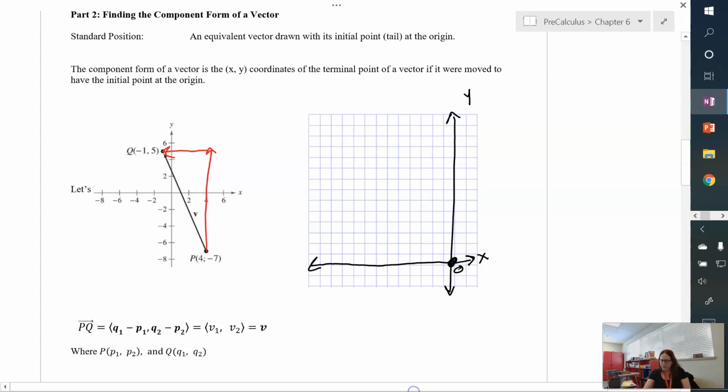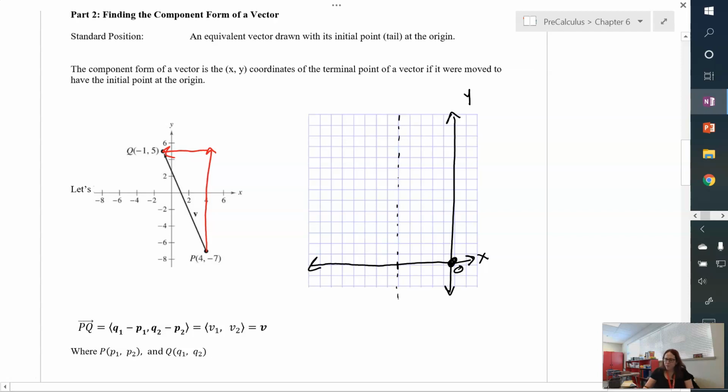And then P was at 4, negative 7. So to move it to the origin, I have to move it back 4. Now I'm going to take Q and move that one back 4. So it's going to end at negative 5. So negative 1, 2, 3, 4, 5 along here. So Q is going to land on this dashed line I'm drawing in.